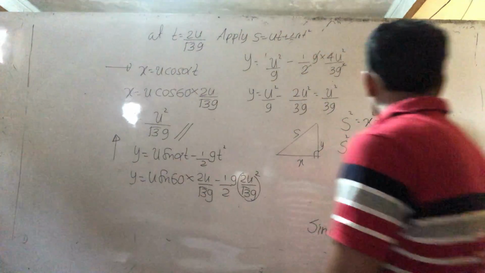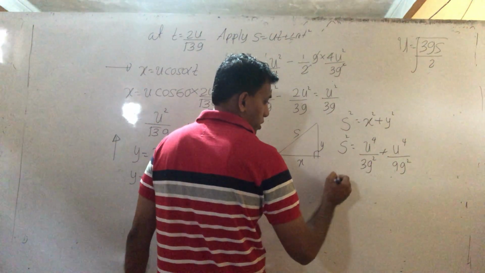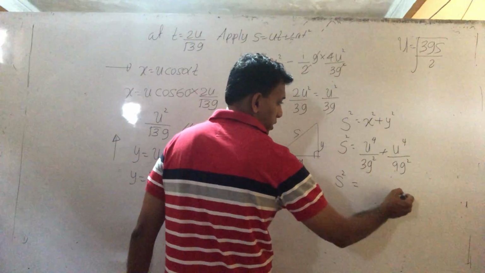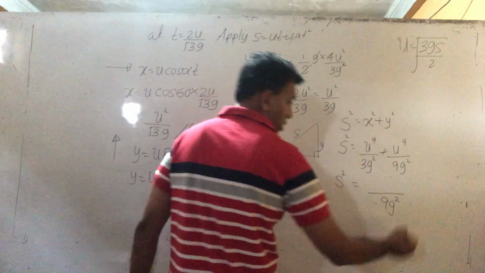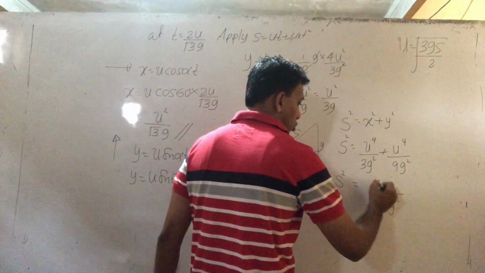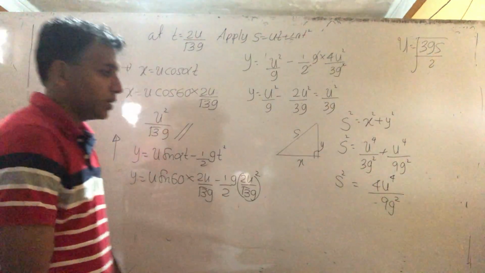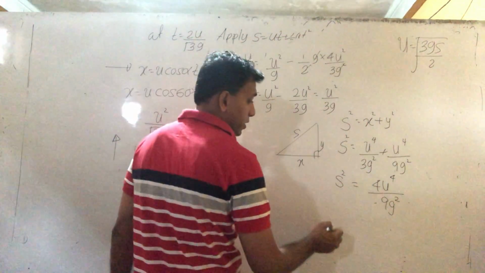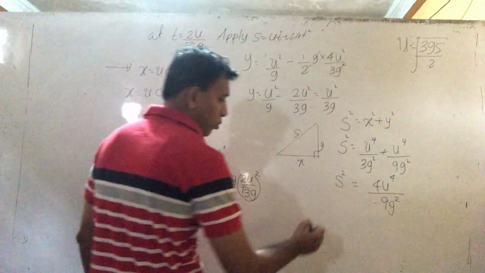Then how does this happen? You can see s square equal, with the LCM 9g square, you have 3 and 1, that is 4u to the power 4. Then put the square root, find the u value, then make u power 4 the subject.